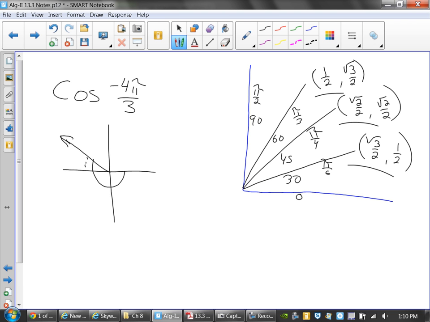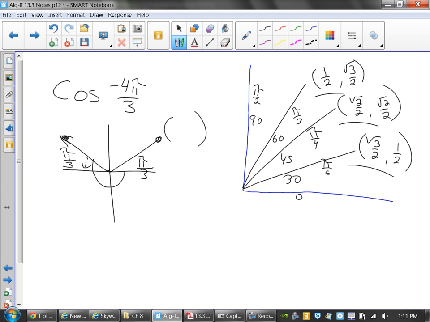What's the reference angle to get me back down to the x-axis? 1 pi over 3. Thank you. So my reference angle is pi over 3. So what I'm going to do here is look at my ordered pairs for pi over 3 in the first quadrant.